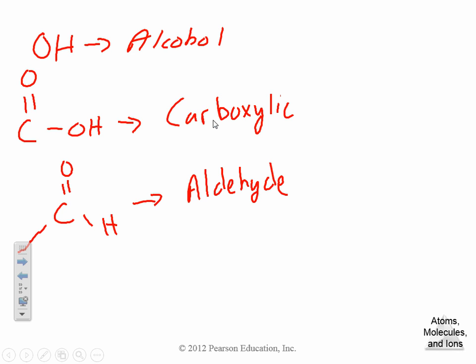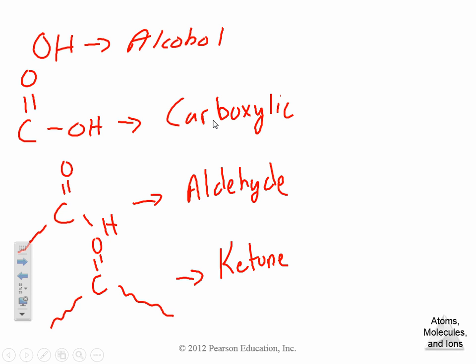Let's see here, what else do I want to expose you to? If we have, again, a double bond with R, but instead we have a branch of more carbons and a branch of more carbons, instead of being called an aldehyde, that is called a ketone. And the last one I want to expose you to is amines.